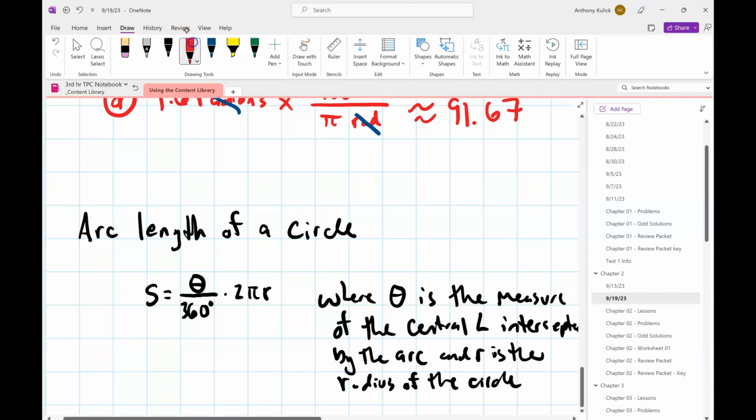Notice here that we can reduce this a little bit, right? The 2 and the 180 can reduce. So you could write this as theta times pi r over 180.